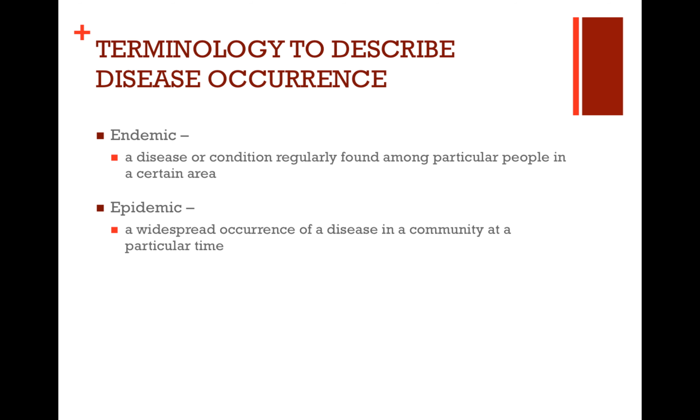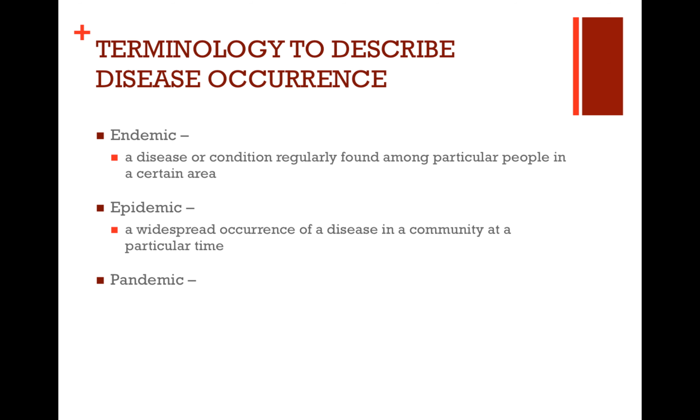So over the past few years, there was an outbreak or an epidemic of Ebola. And in the United States, we don't expect to see any cases of Ebola. So when you see 1, 2, 3, 4 cases, that's considered an epidemic or an outbreak. So again, it's the widespread occurrence of disease in a community or a geographic location at a particular time. And widespread can really mean anything more than what we typically expect.